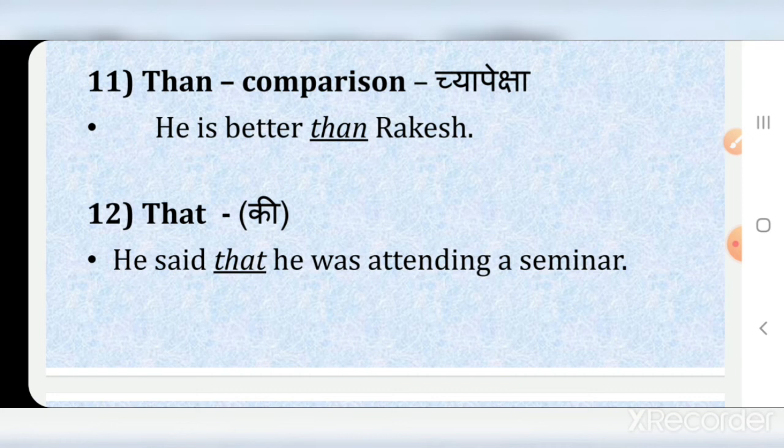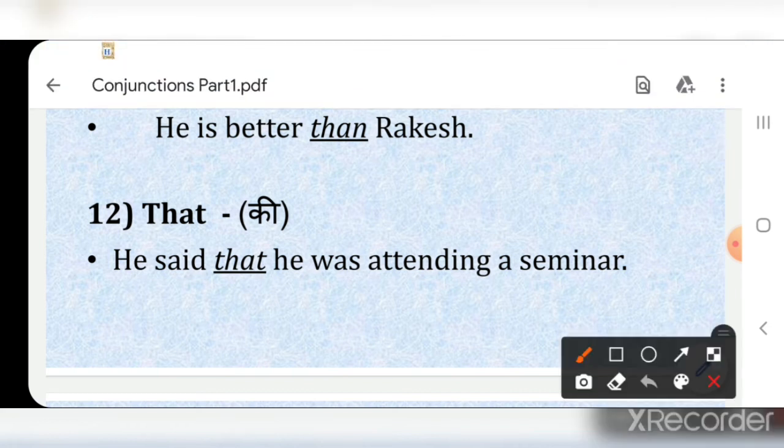Okay, because in direct speech he said I was attending a seminar. In indirect speech we use it he said that he had been attending a seminar. Okay, so that is the grammatical change when we make indirect speech of direct speech. Okay, so here there should be had been attending a seminar.